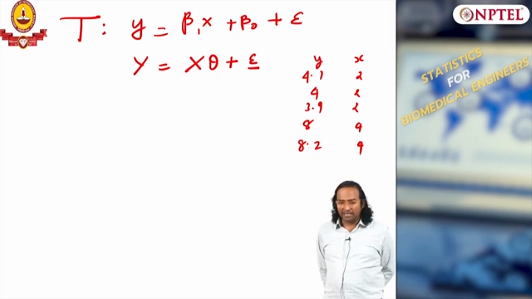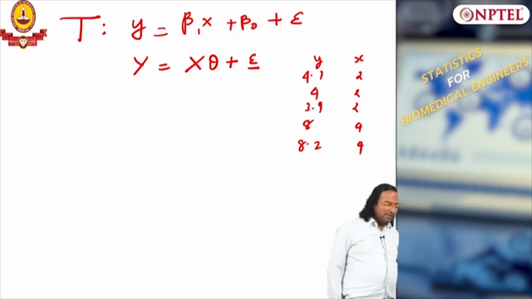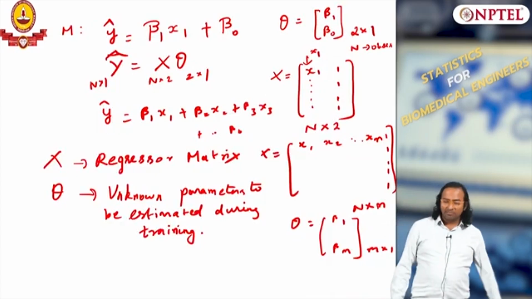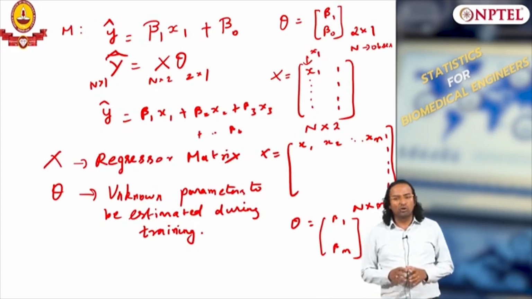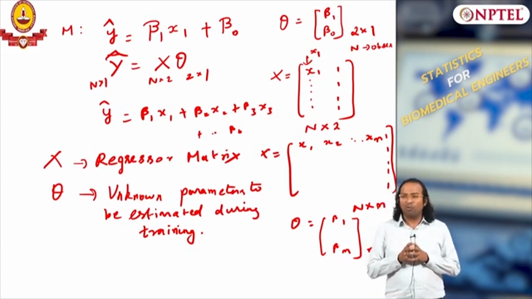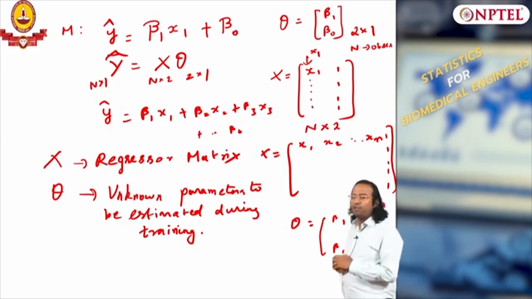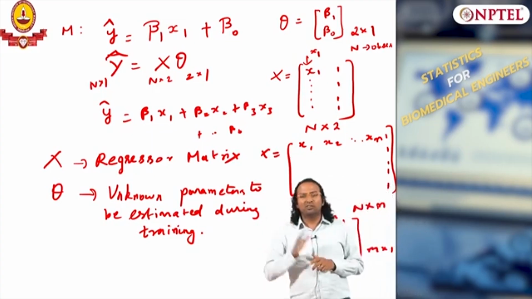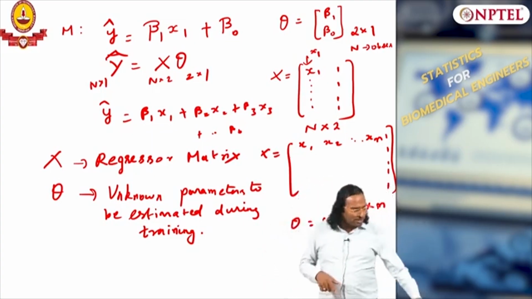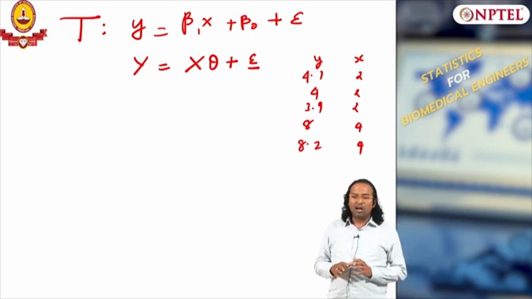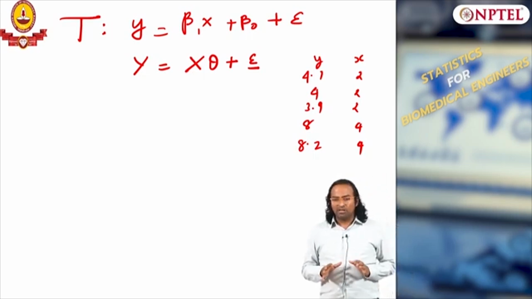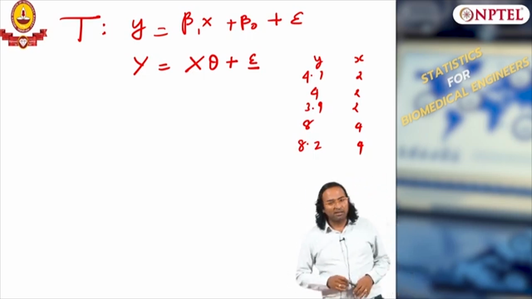But in this case the assumption about noise is what? I assume that the noise cannot be modeled. That is why when you fit y equals mx, you do not fit a model for noise. You assume that the noise epsilon is unmodelable, and this is a usual assumption we make about the noise.